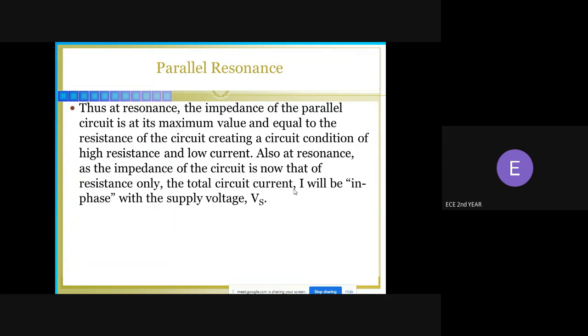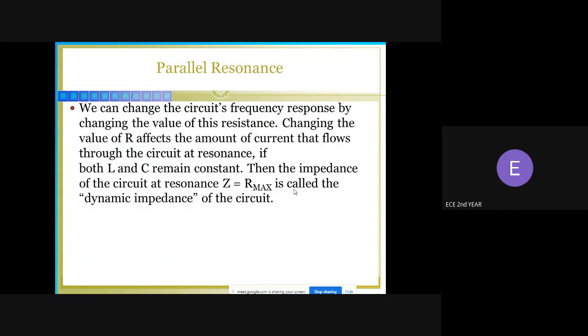Also, at resonance, as the impedance of the circuit is now that of resistance only, the total circuit current I will be in phase with the supply voltage. If the circuit is behaving as only resistance, the current and voltage are in phase. There is no phase displacement between current and voltage because the circuit is purely resistive.